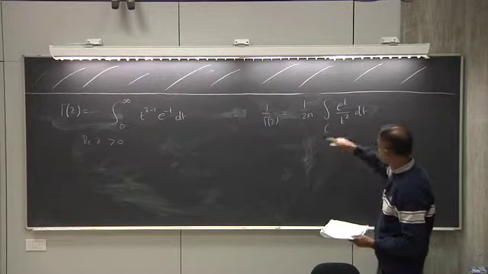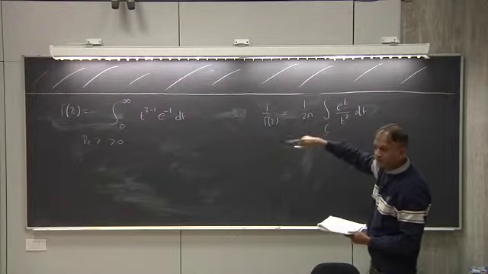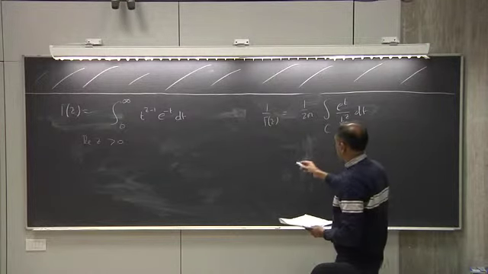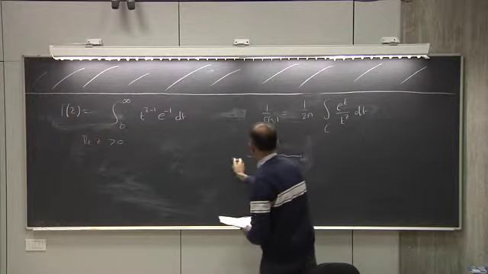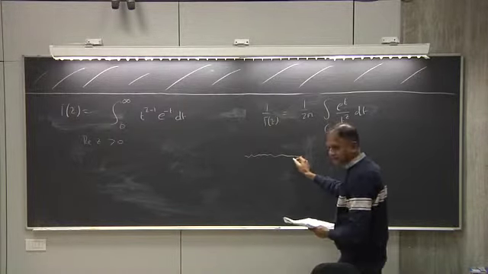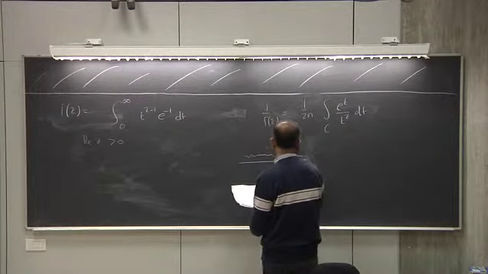In that case, there's a branch point at t equal to 0 and t equal to infinity. So we choose a cut along the negative real axis, and the path is chosen to be this path.